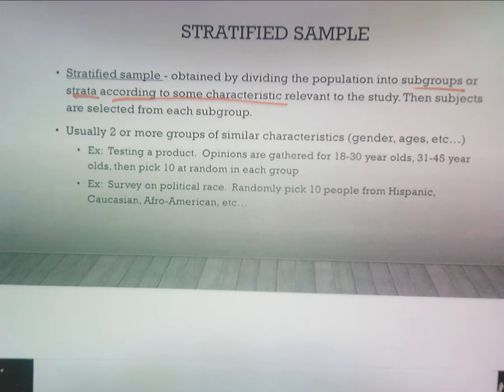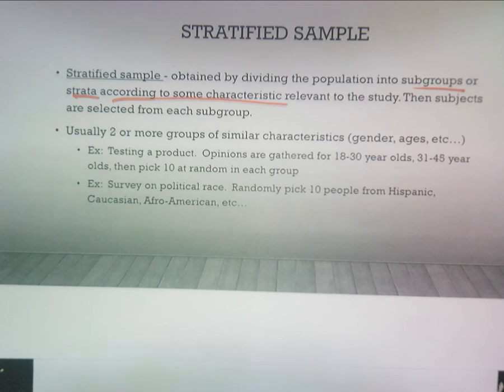So I put another little dot here just to help you out. It's usually 2 or more groups of similar characteristics. So it's usually like male, female, and then they'll take a certain random number from the males and certain random numbers from the females. Or they'll separate you into ages, and then they'll randomly take people.